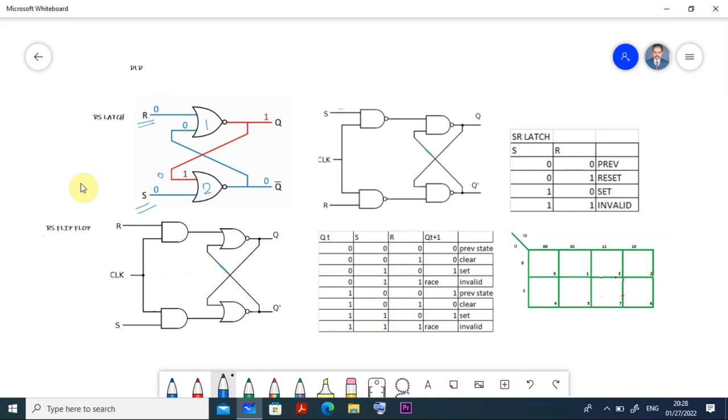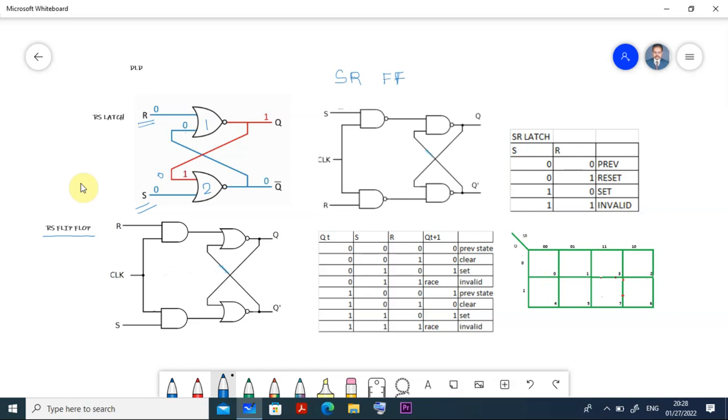This is the RS flip-flop, and this one is the SR flip-flop. This is the SR set reset flip-flop, and how we say set reset, I already gave you the explanation.